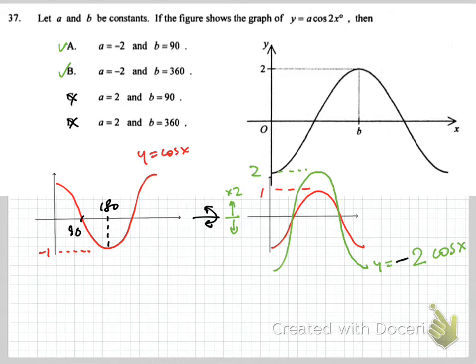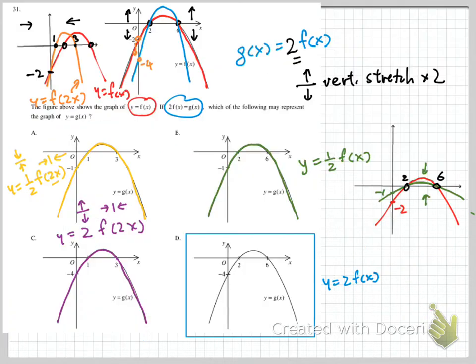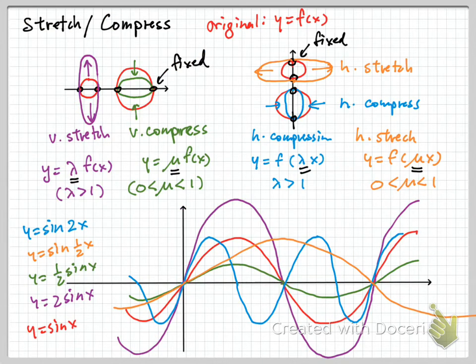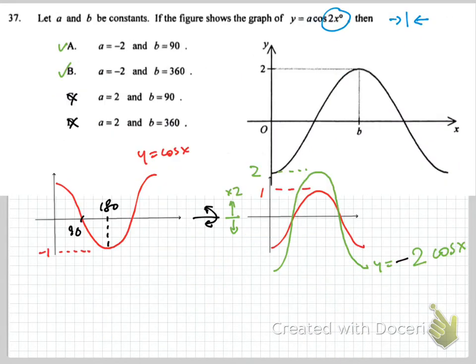Now, on the other hand, we look at this y is cosine 2x, alright. Now cosine 2x means a horizontal compression 2 times, alright. You have to know what this change in the equation means, alright. This is a horizontal compression 2 times. So that means the green graph is being compressed.